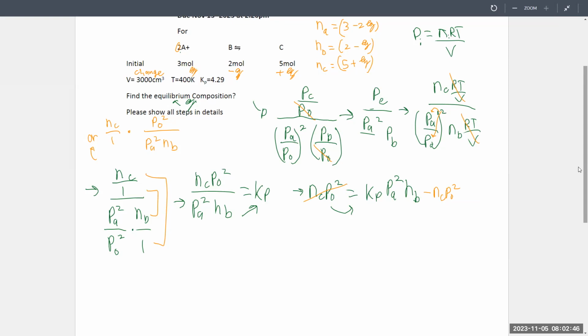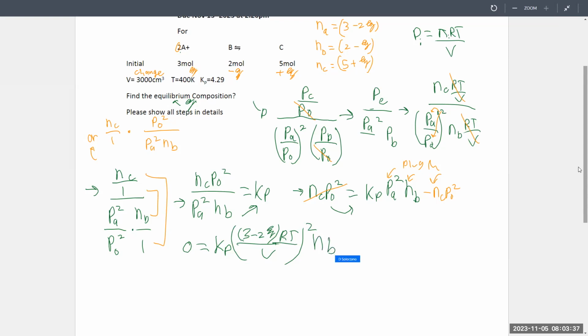And then from there, you could probably plug in your NC and goes in. I'm going to go ahead and do that now. So we get 0 is equal to KP times NA, which is 3 minus 2 E thing, N RT over V. That's still squared.